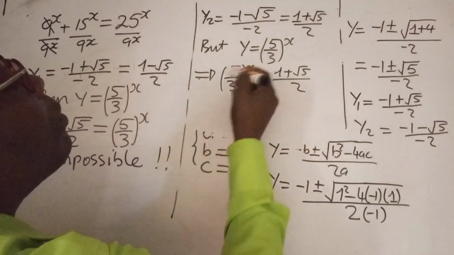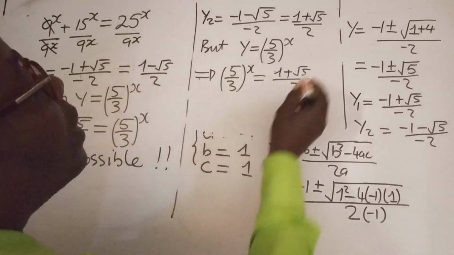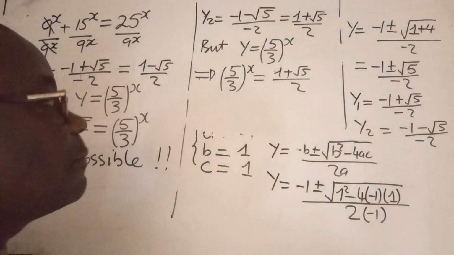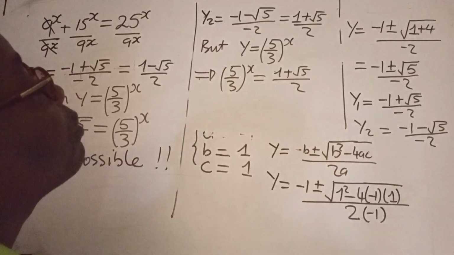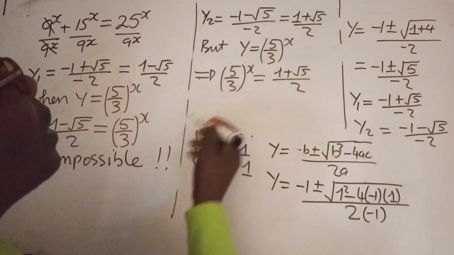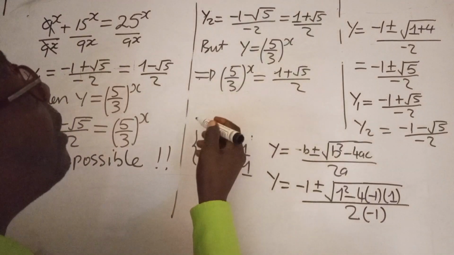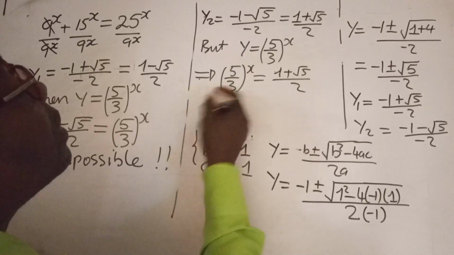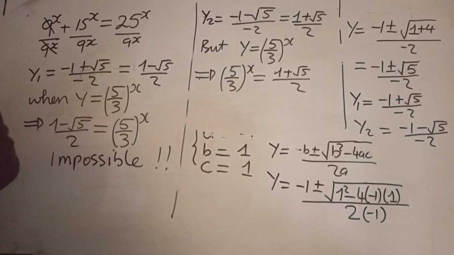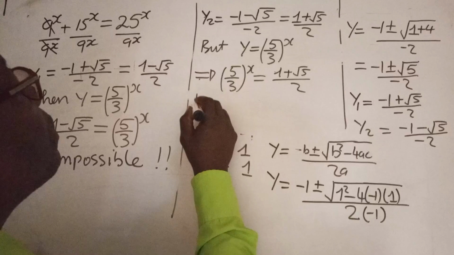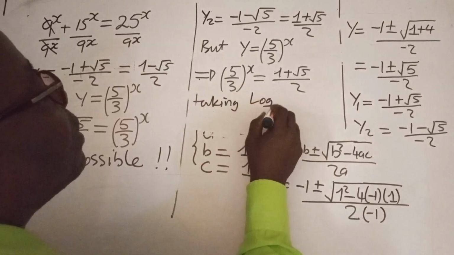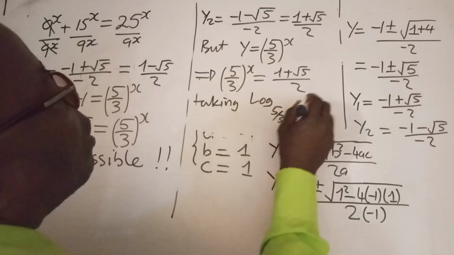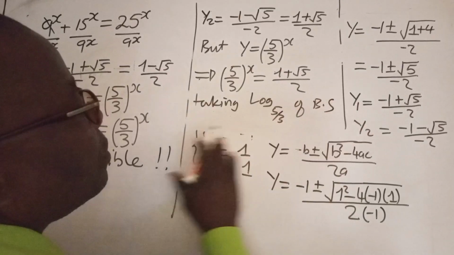This expression will always be positive no matter the value of x, and here we have a positive value. So this equation is solvable. So now from here to get x, the easiest way will just be to take log to the base 5 all over 3 of both sides.